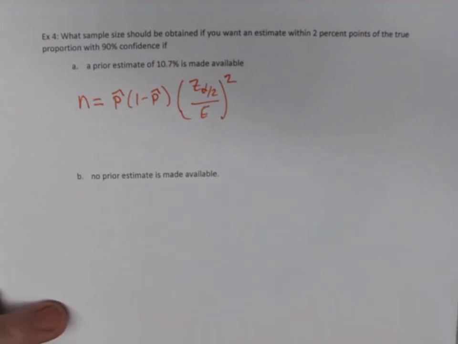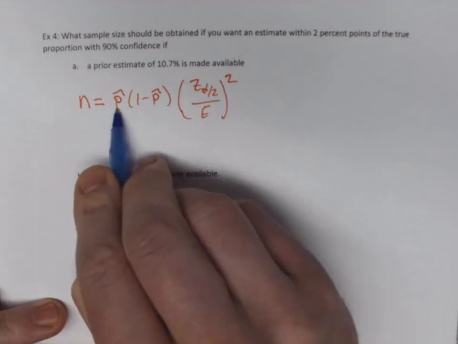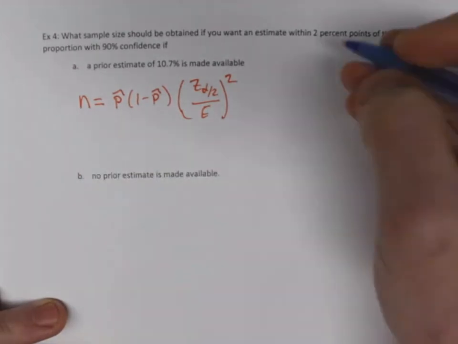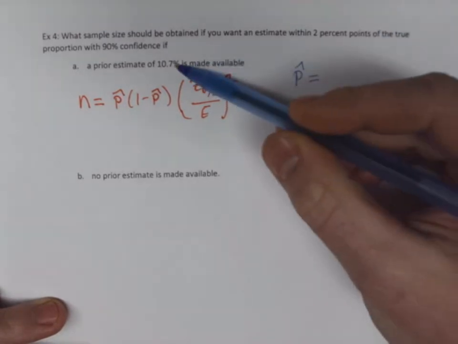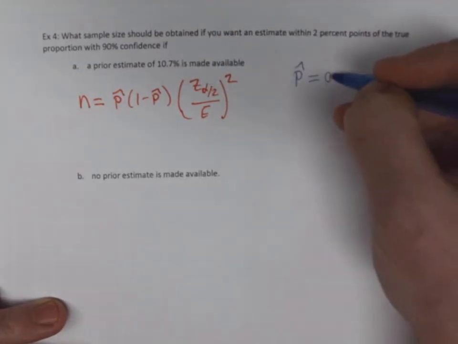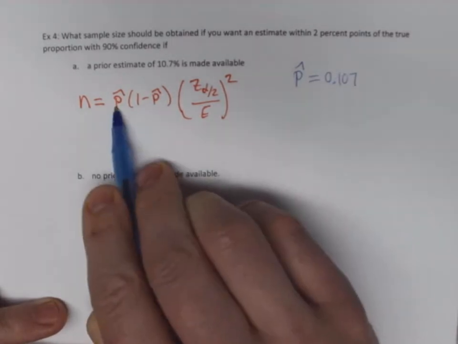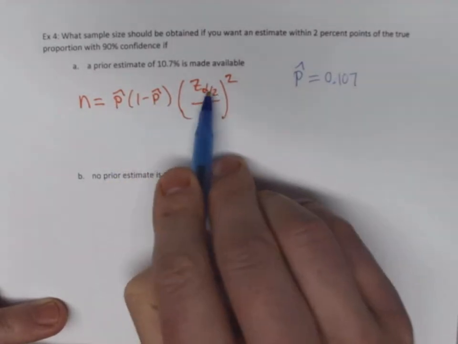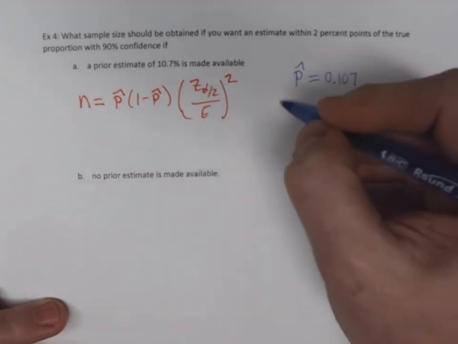All right, we need to figure out what all these things are first. Before we just start plugging in, it'll be easier if we write them down. So let's start at the beginning. P hat, it tells us, is 10.7% or 0.107. What is z alpha over 2 here? I'll start it for you.